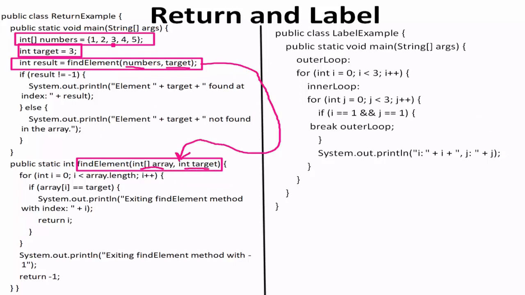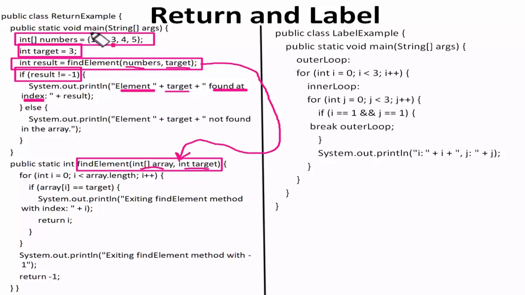If you look at this program, you are going to check the condition: if result is not equal to -1, then it is going to print that the element, whatever the target is, is found at index.